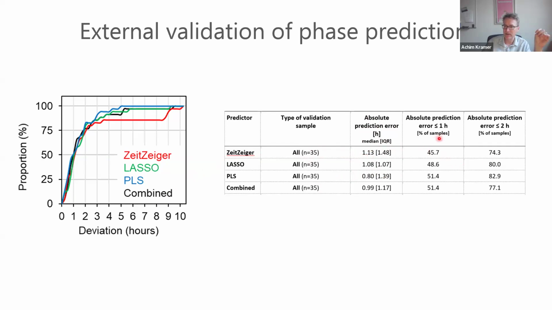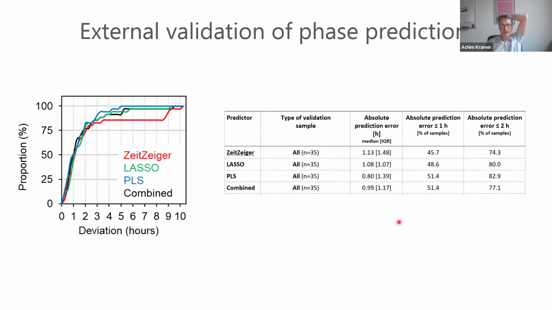You can also say 75% have an error of less than 2 hours. But what you see is that if we combine all the models, we get a prediction error of about 1 hour.